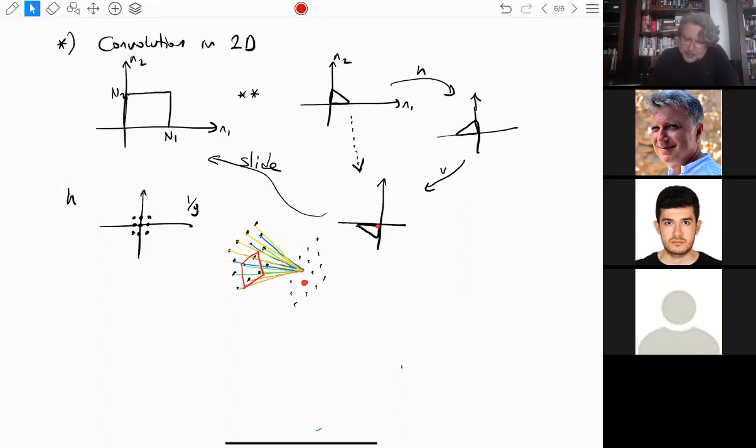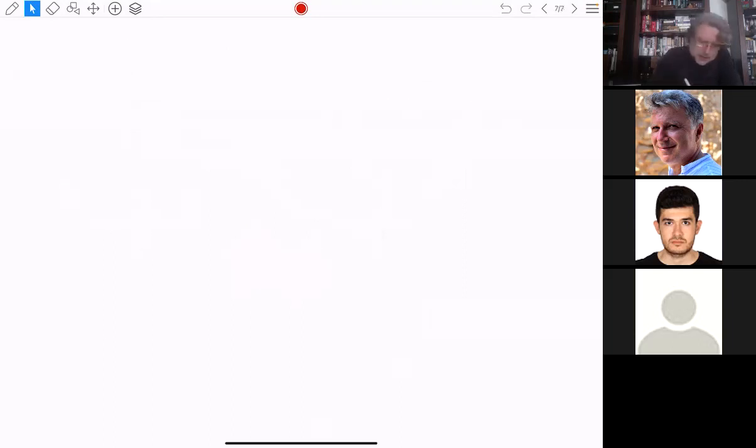Okay, now the next topic about 2D systems is separability. It was left as red, so let's make it black. So separable linear shift invariant systems.